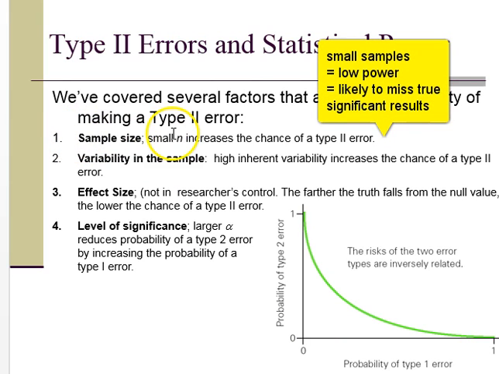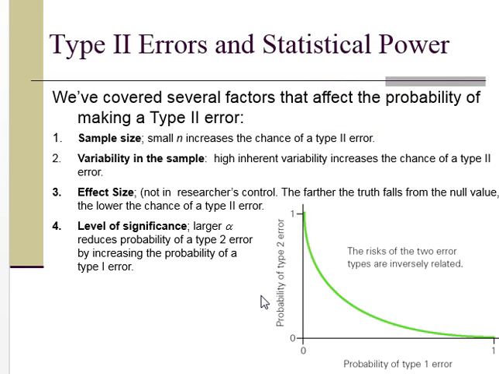So the smaller your sample size, the more likely you are to miss true significance. You just don't have enough observations to really capture that population and to make any statements about it with much confidence. So if you increase your sample size, you're going to increase your power, which reduces the risk of a type 2 error without having to adjust this p-value threshold at all.